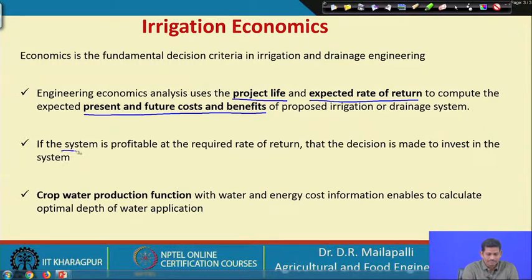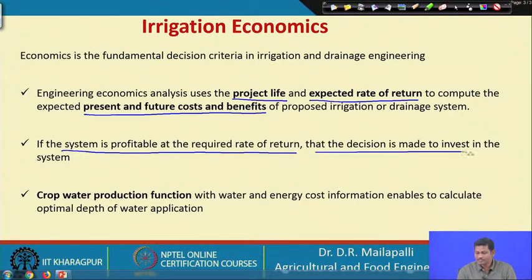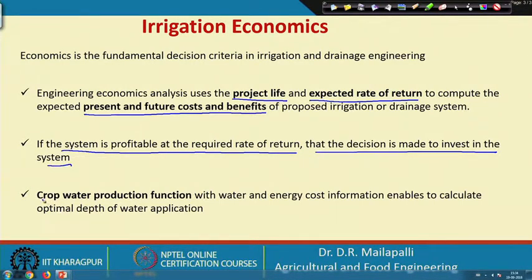If the system is profitable at the required rate of return, the decision is made to invest in the system. This is common sense. If you are getting profits in the particular system, then definitely it is worth investing in the project. That is the overall project, but if you want to estimate the cost of production seasonally, we need crop water production functions with water and energy cost information.